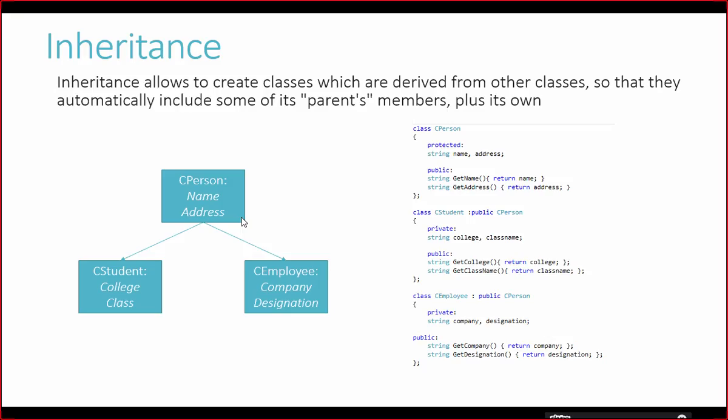If I had many classes like student, employee, doctor, engineer and so many other things, I would have to go and make changes in every other class, saying this person needs Aadhaar ID and this is the way to update Aadhaar ID. All these things would get duplicated. But by having one class called CPerson, if I just add Aadhaar ID here, student and employee will automatically also get Aadhaar ID because they derive from the same class.